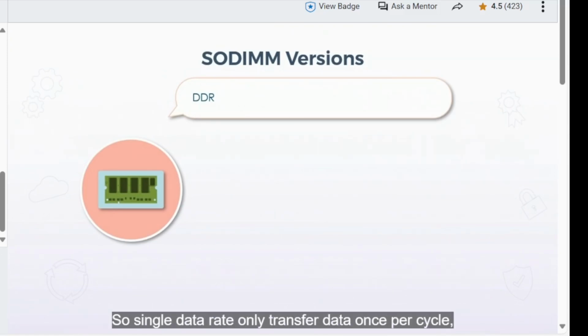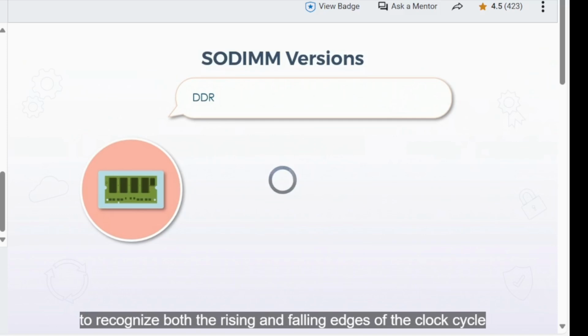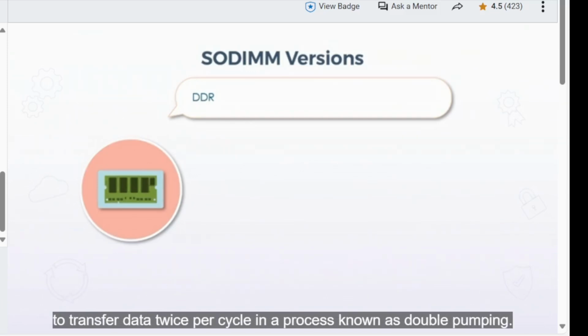So single data rate only transfers data once per cycle, whereas DDR uses more tightly controlled timing to recognize both the rising and falling edges of the clock cycle to transfer data twice per cycle in a process known as double pumping.